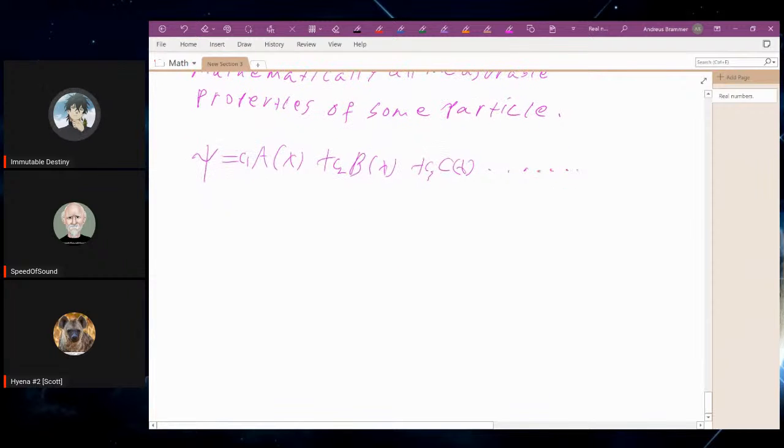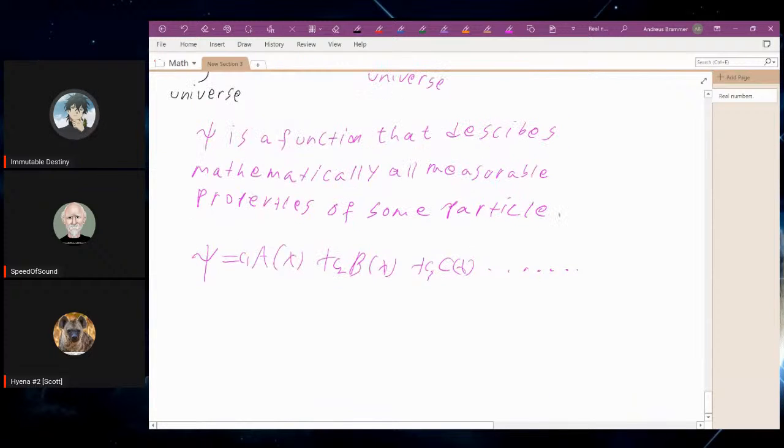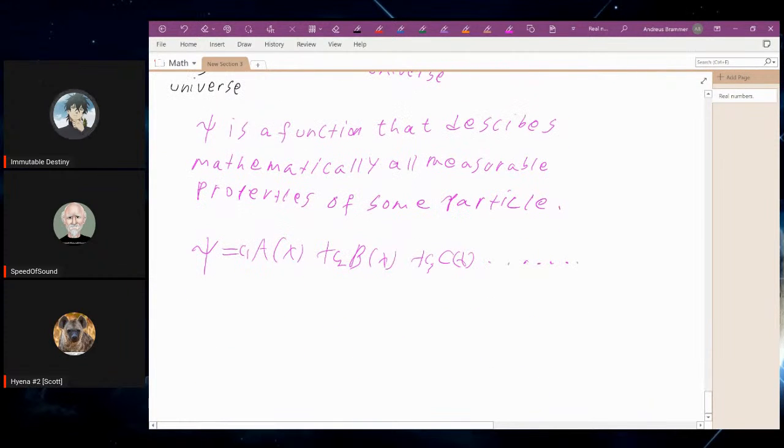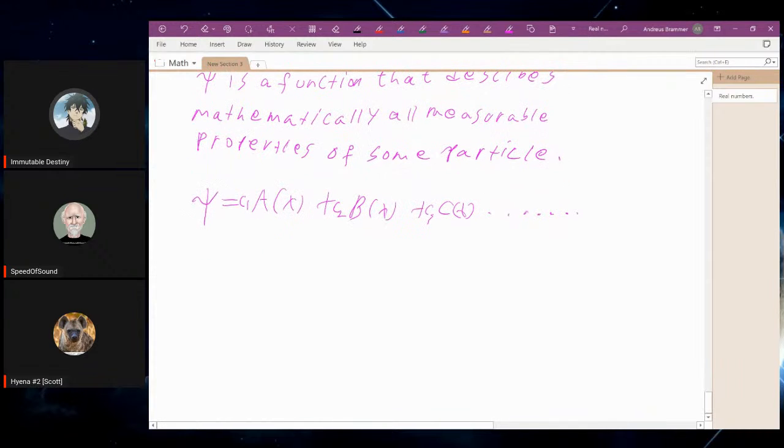And actually, what this property of the wave function means, what these numbers describe, c1 squared plus c2 squared plus c3 squared plus c4 plus dot dot dot equals 1.